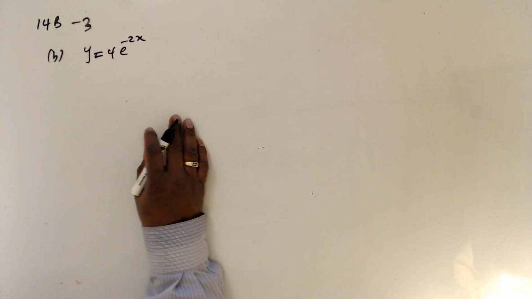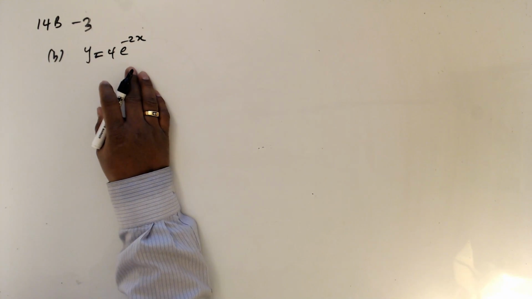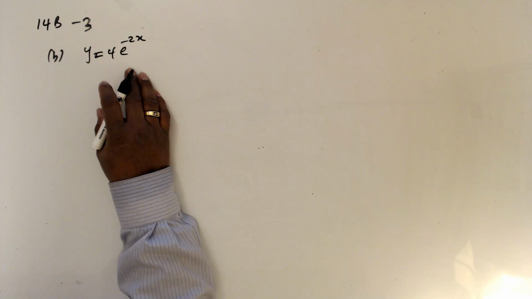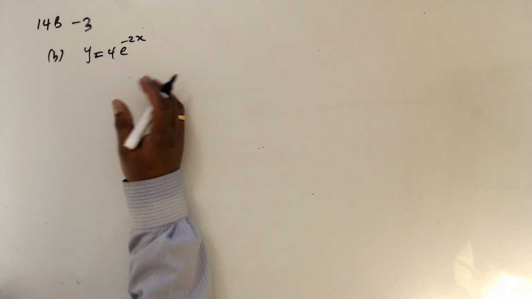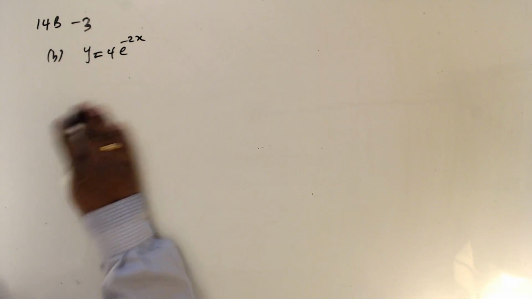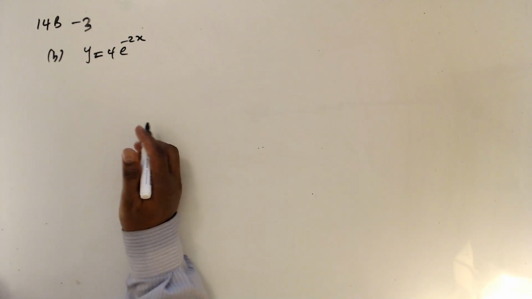And part B, y equals 4e^(-2x). So before drawing this one, we'll just look at the shape of the graph to get a sense of it.